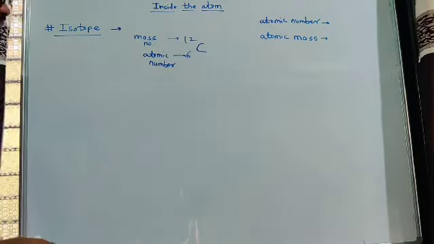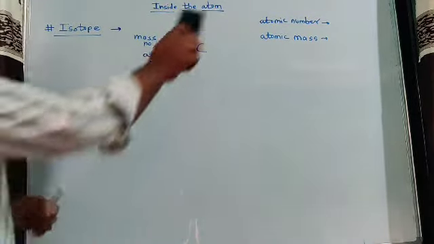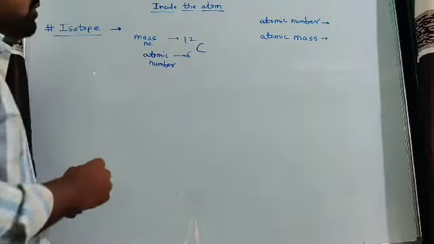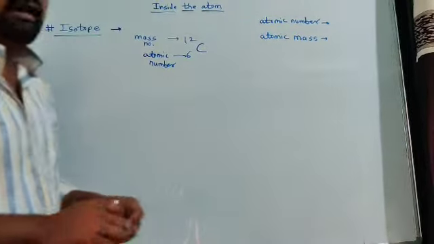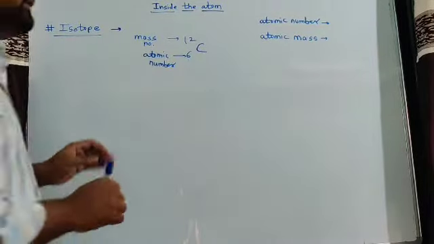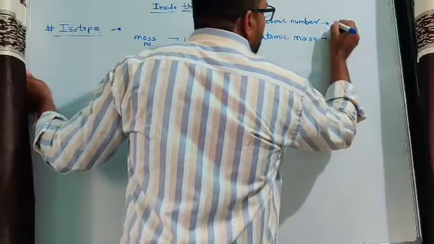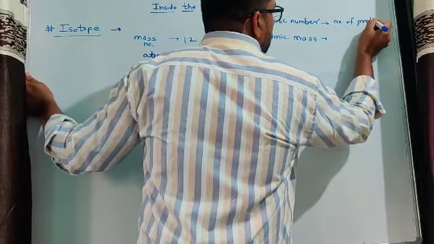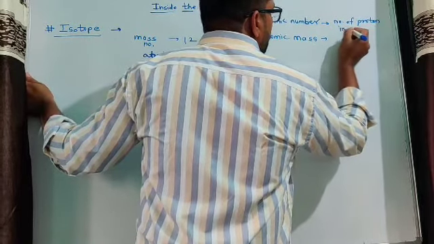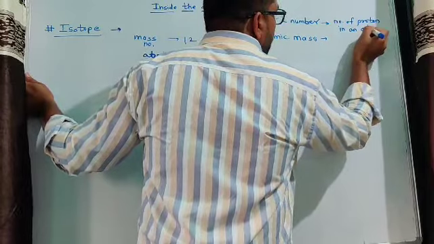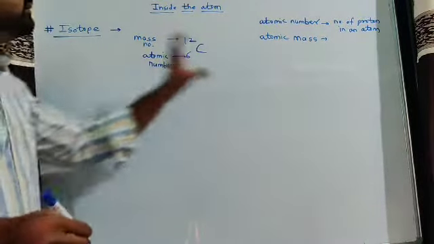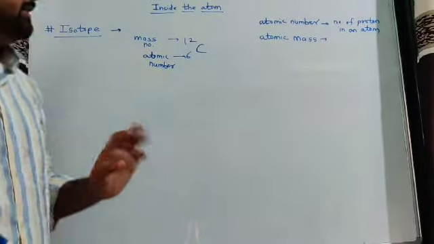We also studied in detail the atomic number and mass number. So what is the definition of atomic number? We say that the number of protons in an atom is nothing but the atomic number of that element.